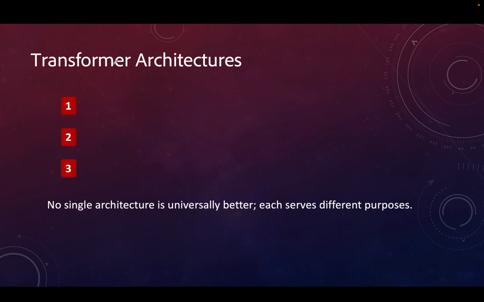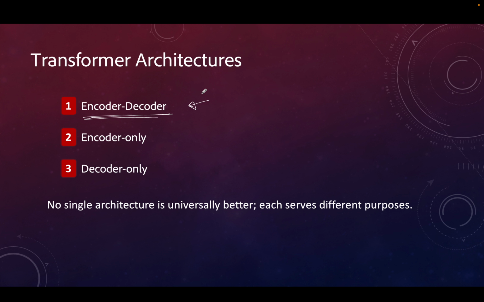And next we have different transformer architectures. So we looked at encoder decoder as it was presented in the original paper, but this is not the only architecture. We also have some encoder only and decoder only architectures depending on the use case. No single architecture is universally better, but each has a different purpose.